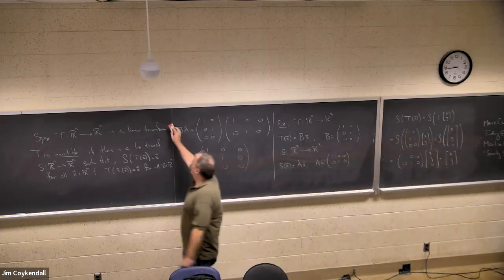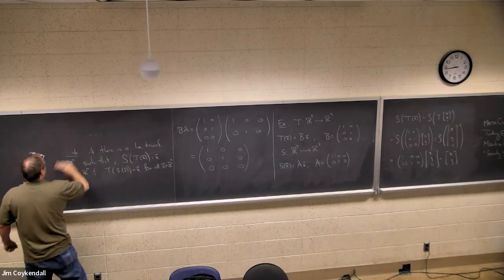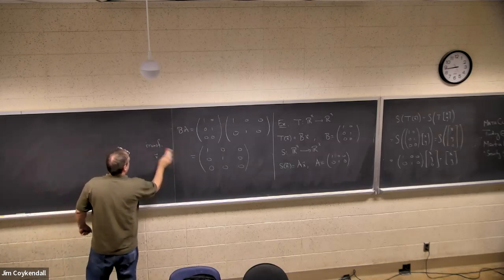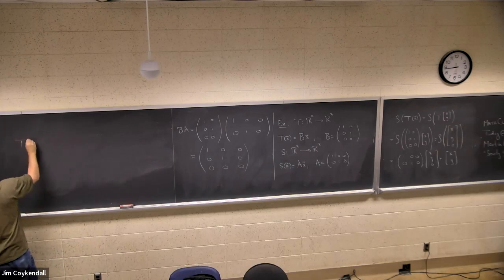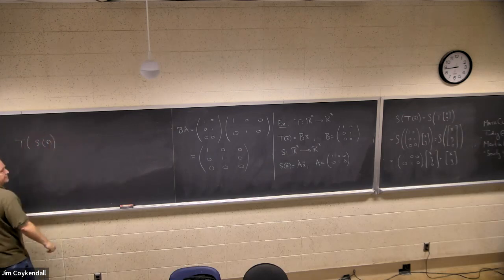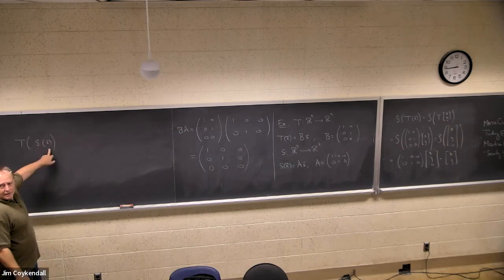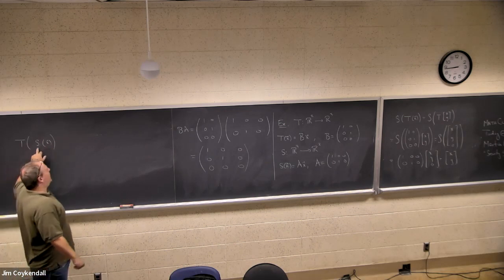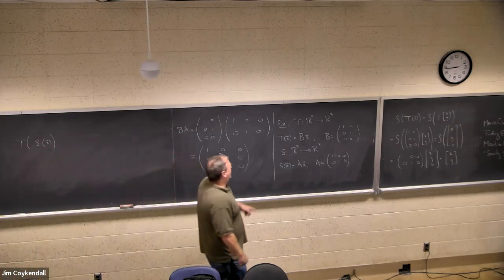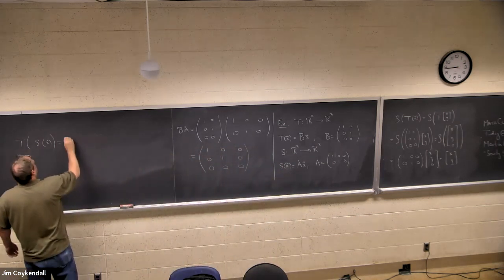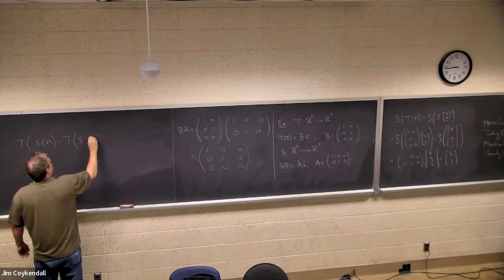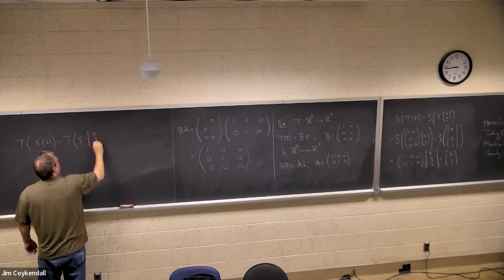What happens if I run it the other way? What happens if I do TS? Well, if I do it the other way, S actually goes from R3 to R2, so my input is a three-dimensional vector x, y, z.